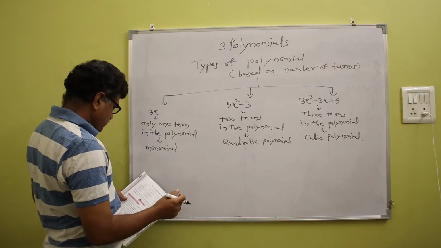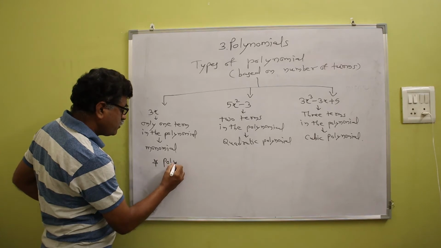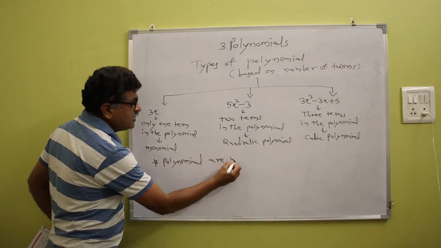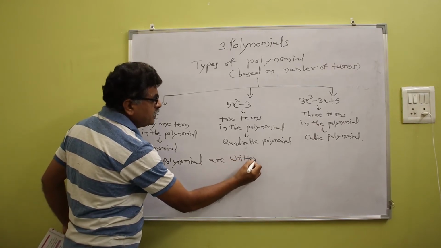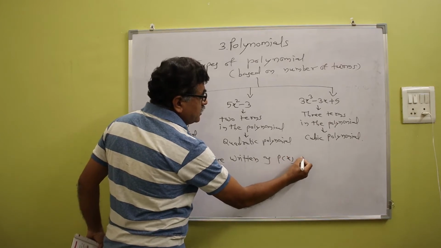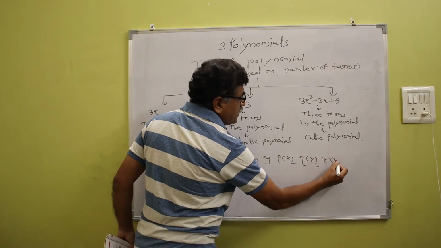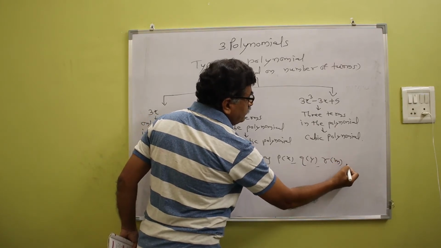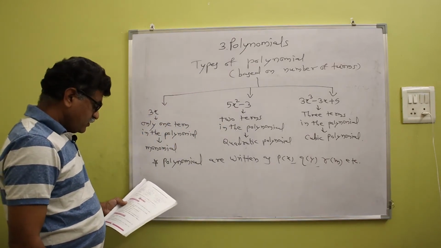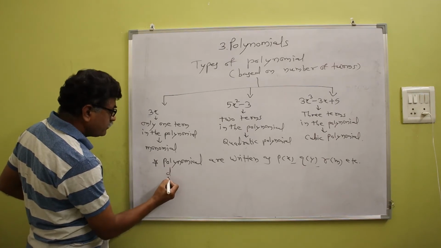Now polynomials are written as P of x, Q of y, R of m, etc., depending upon the variable used.